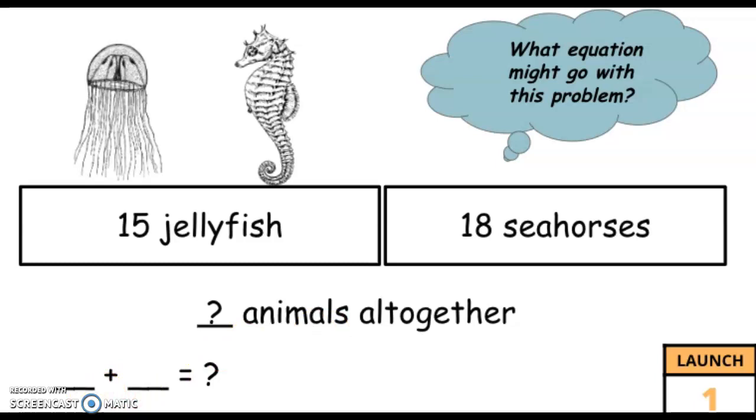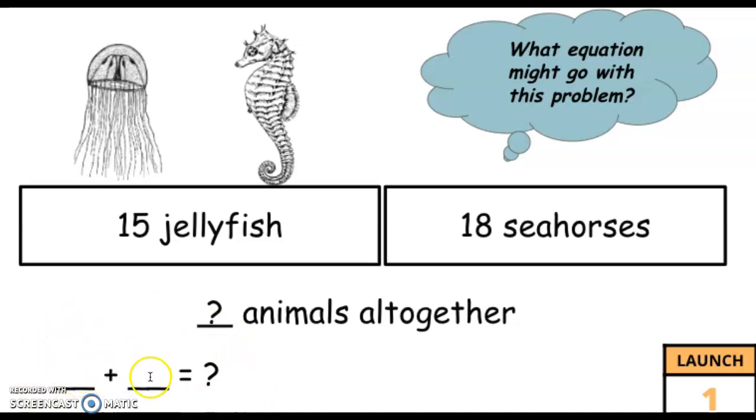Today, you're going to use any tools that you have used before, like base 10 blocks or drawings of base 10 blocks or a hundreds chart to help you figure out the answer. Before that though, what equation do you think we could write here?